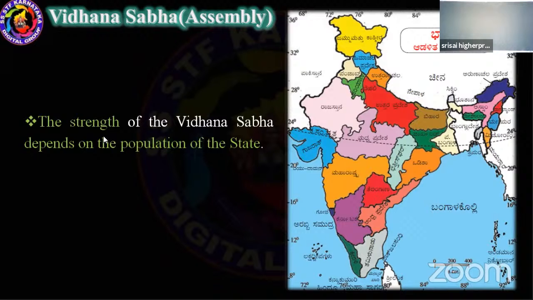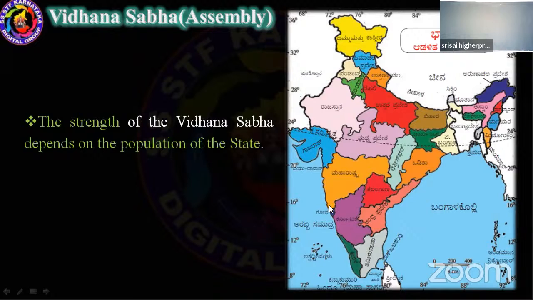Vidhana Sabha is called the Legislative Assembly. The strength of the Vidhana Sabha depends on the population of the state. Because of that, some states have more legislative assembly seats and constituencies.